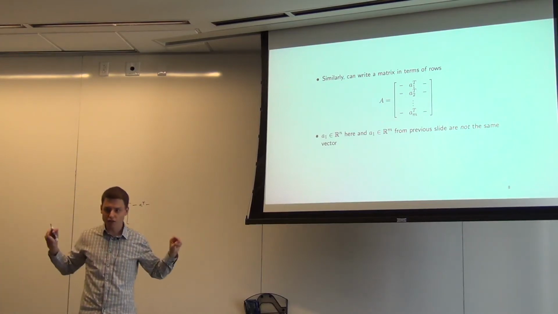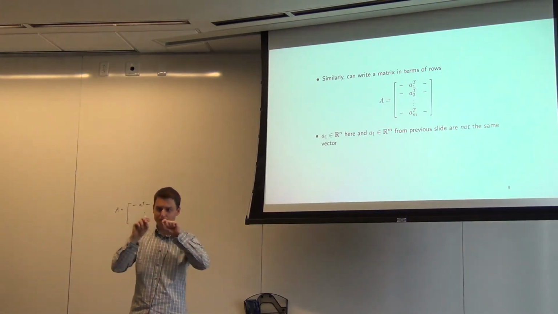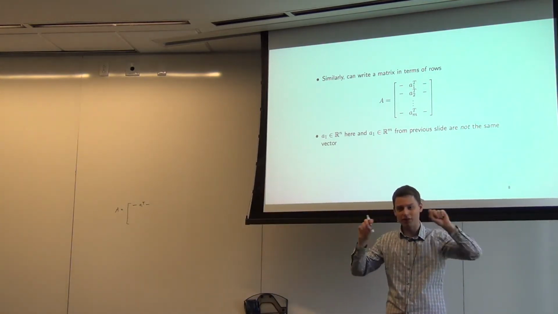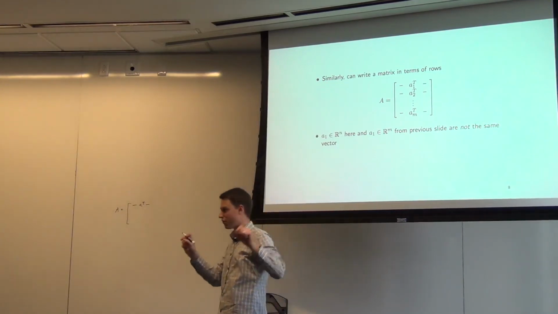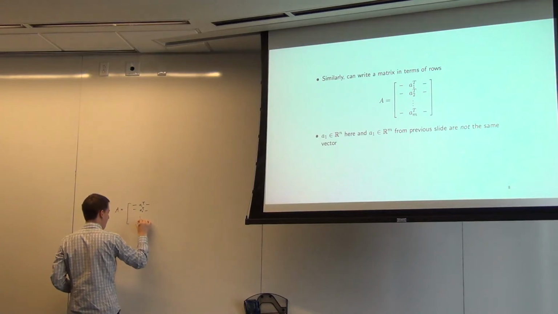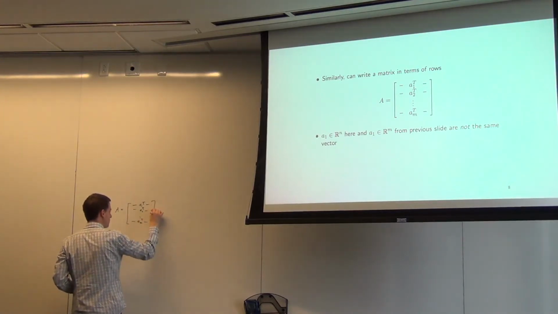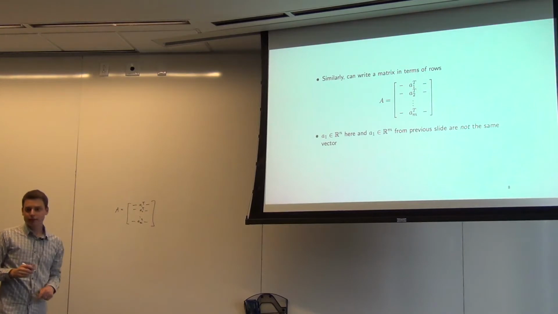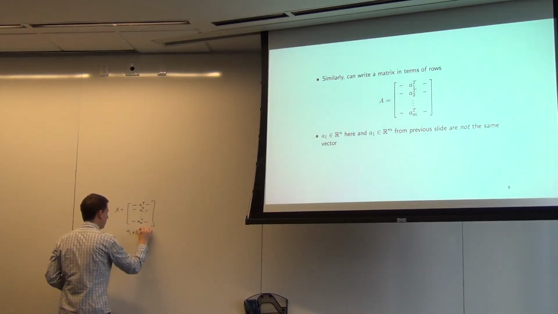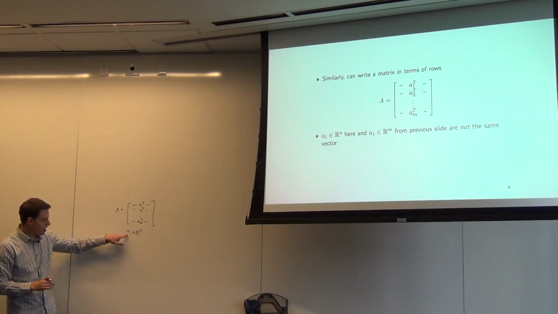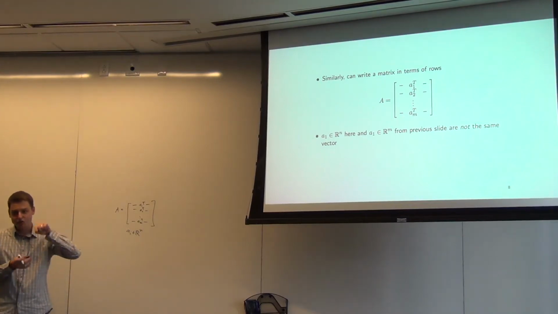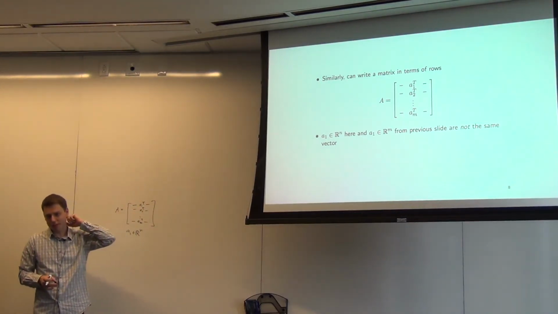We always use transpose to talk about a row vector. If A1 is a vector, then A1 transpose is the first row, then A2 transpose, etc., up to Am transpose. Here Ai is a vector in R^n. If I write Ai, I mean the column vector Ai; if I write Ai transpose, I mean the row vector Ai transpose.